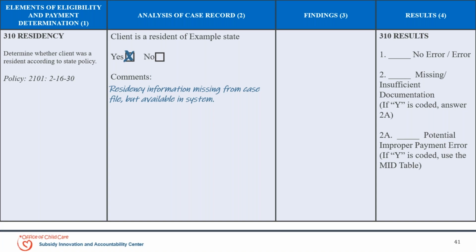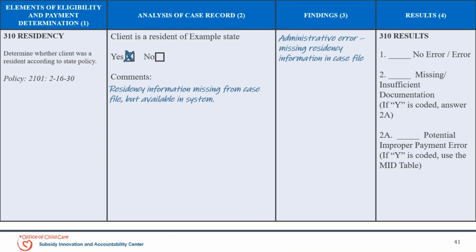So this is a good example of how the comments boxes can be used to provide some additional information. If you were to just check off that yes checkbox, you would not know that there was some missing information here. So the comments boxes can be used to expand upon that, to describe exactly what was going on.